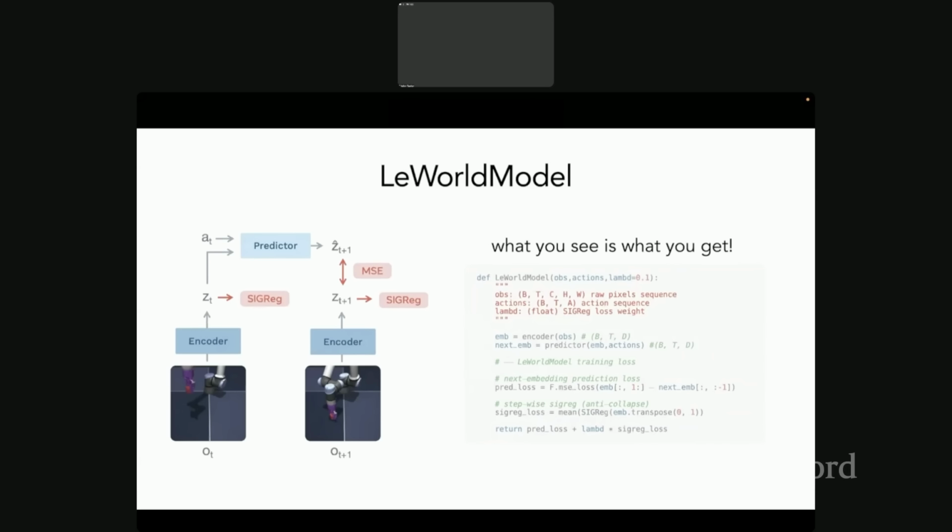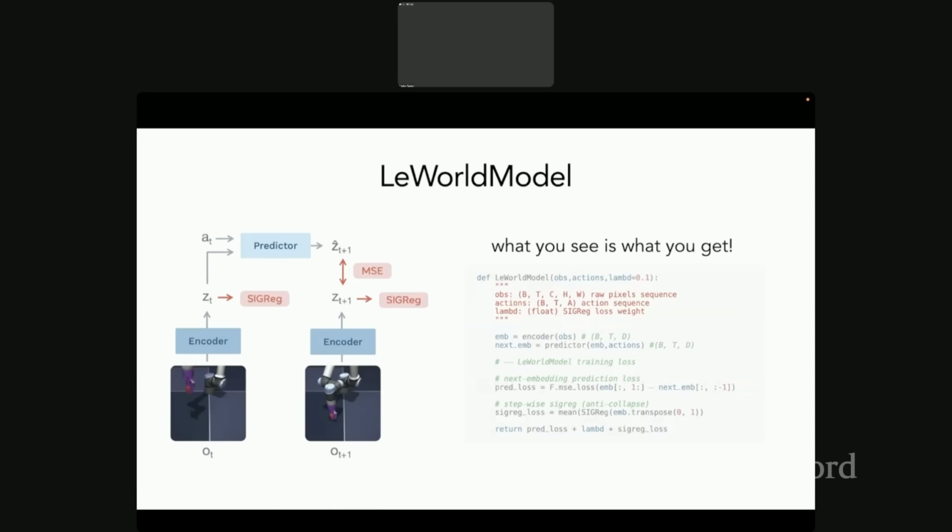So what you do is you take an observation O_t and the next observation O_t+1. You process both of them through a shared encoder, and you get a representation Z_t and Z_t+1. The task is you will use Z_t and the action at step t and try to learn a predictor to model the dynamics. So you're going to try to predict the future. You have an estimation of the future, Z-hat_t+1, and you compare that to what your encoder predicts for the next state.